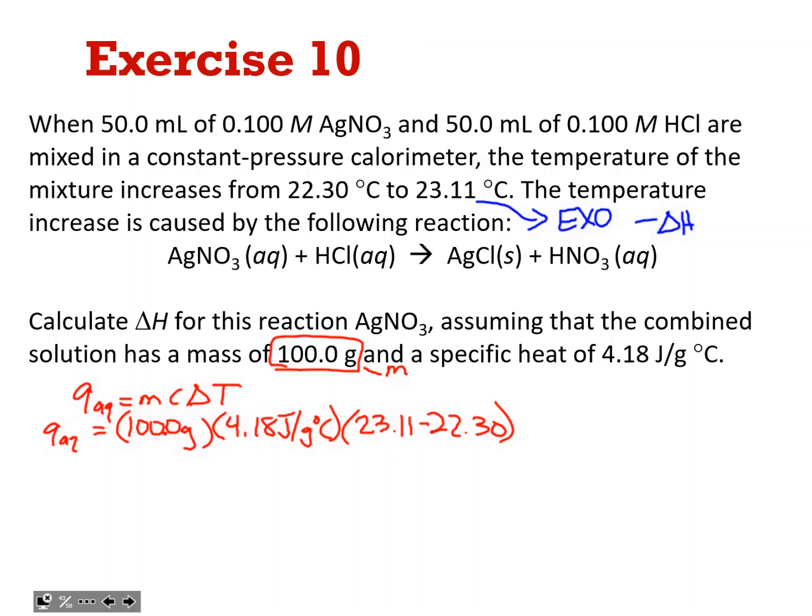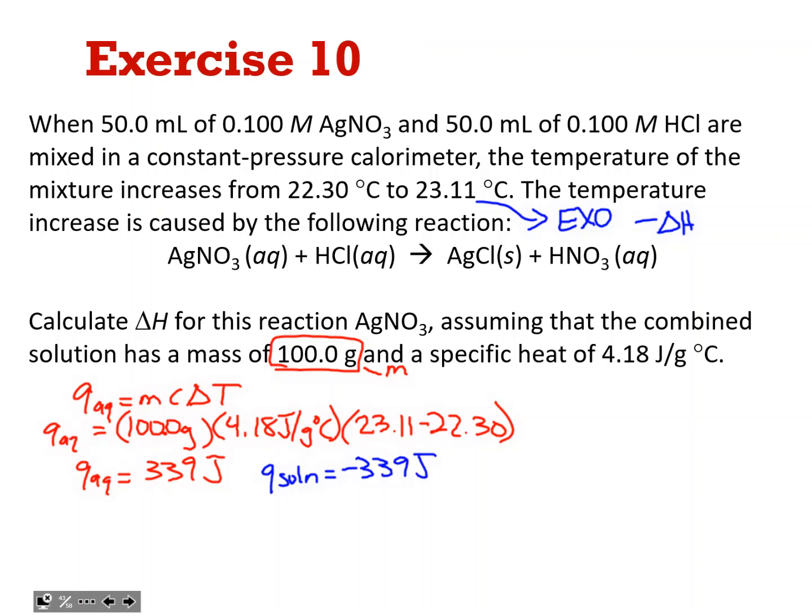Is it 339? I think it's 339. Somebody calculate it? Yeah, it's 339. So this is 339 joules. That means Q solution is going to be negative 339 joules.